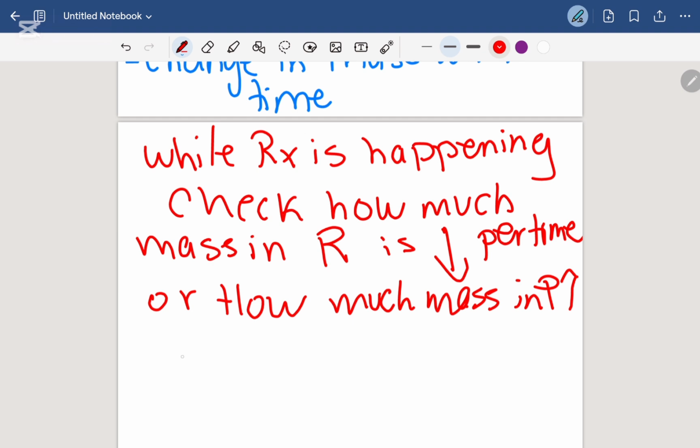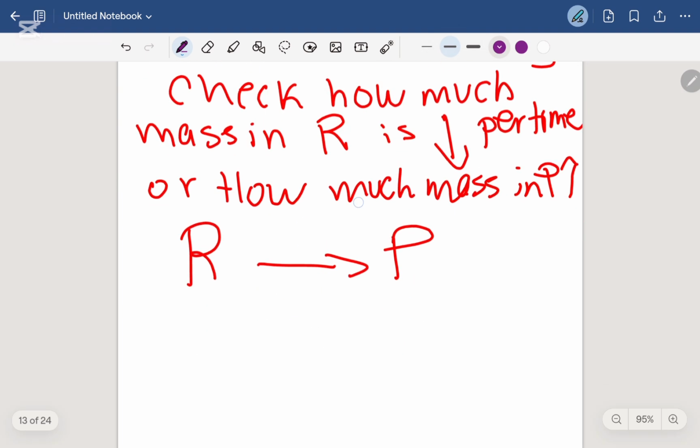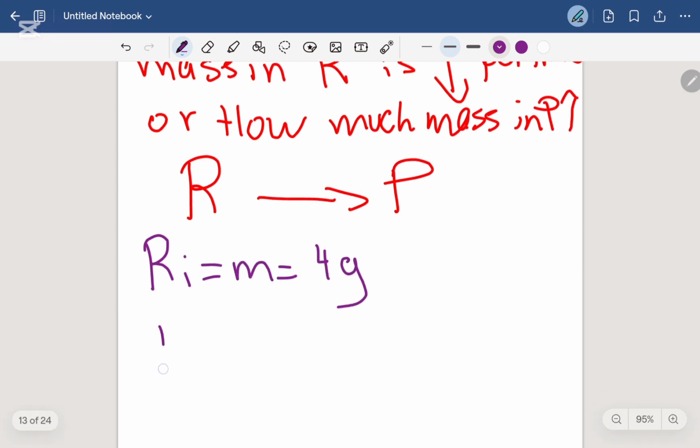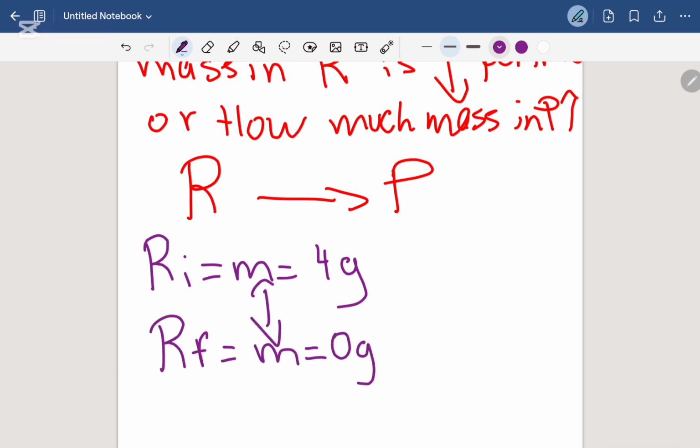So let us say we have reactants give us products. Throughout the time, the reactant initial mass is going to be, let's say, 4 grams. Then, over time, the reactant final mass is going to be 0 grams. Let's say this is over the span of 5 minutes.